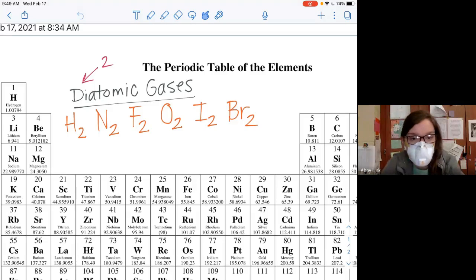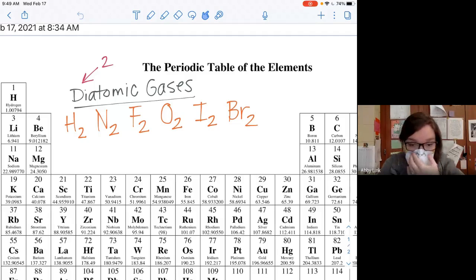Okay. So what we kind of want to learn about here is some of our diatomic gases. Now, what this means, diatomic really refers to two. All right, and basically these elements here are elements that exist naturally in this molecule of two of the atoms bonded together, and they exist in a gaseous state naturally.